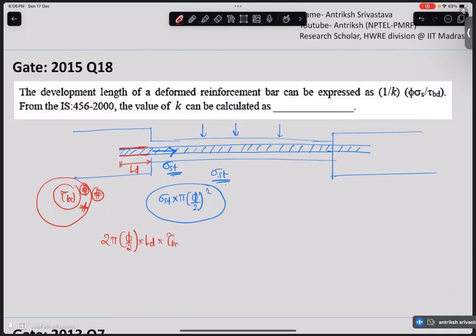So this will be tau bd. Now this is the force that will keep this bar inside, and this force, sigma st into pi r square, is going to pull it out. So if you equate them, then you should get a nice formula for your development length.